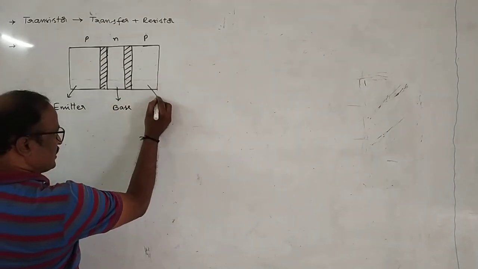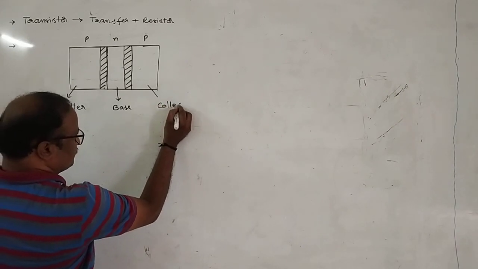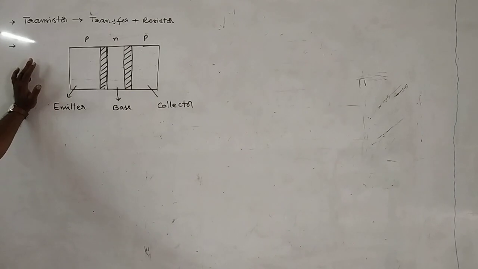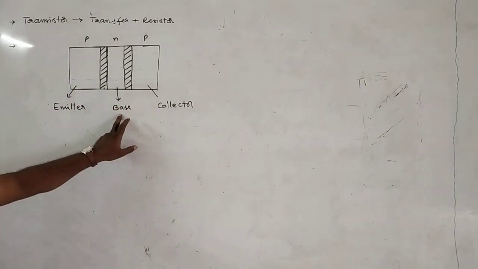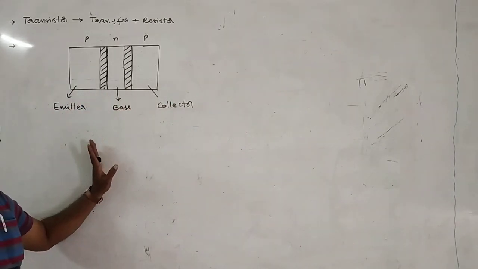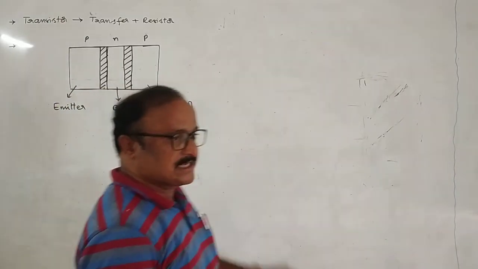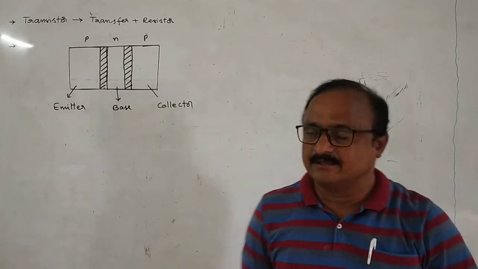The right side region is known as the collector. Any transistor consists of three regions: emitter, base, collector. Right? Now again, what are the properties of emitter, base and collector?